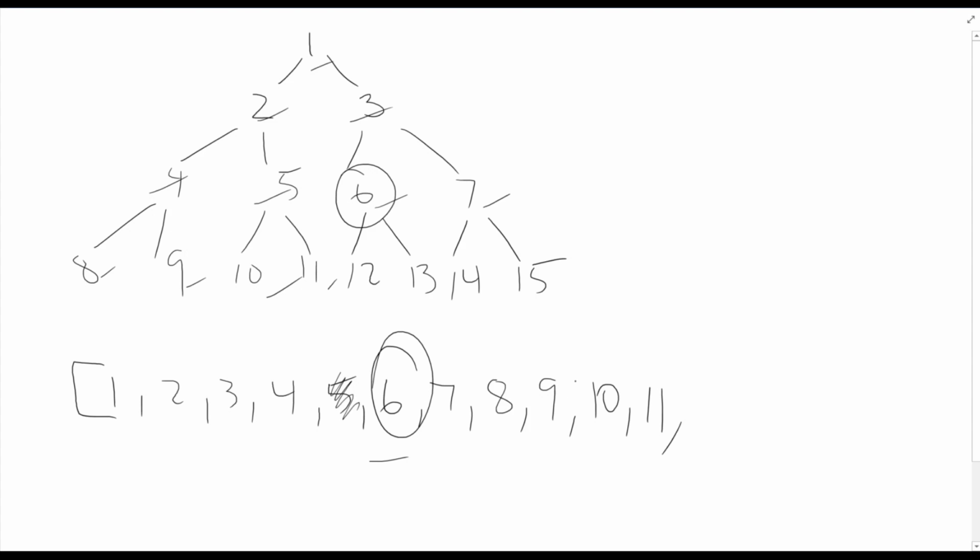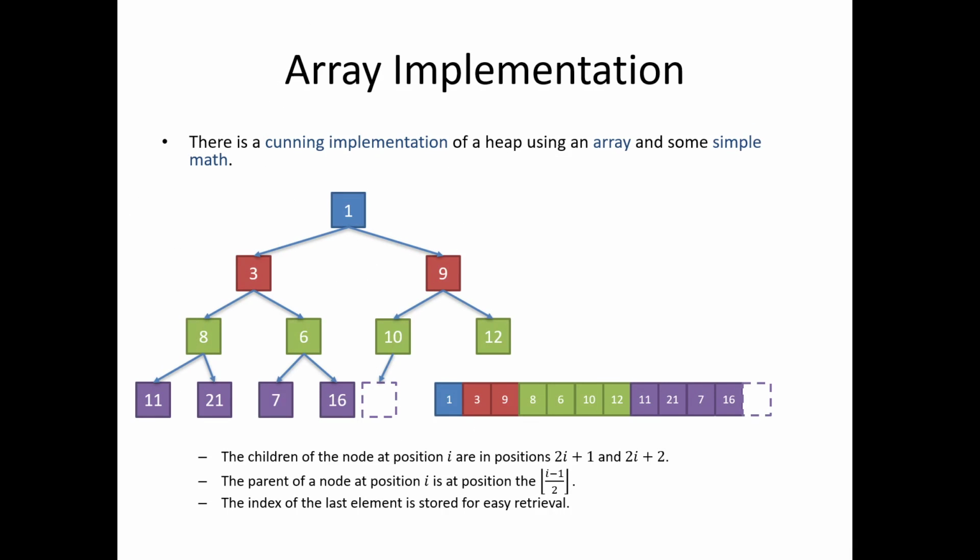If we filled up to position 11, we know the next element we need is in position 12, and then the next 13, and so on. Likewise, if we want to delete, same thing. The only one we can delete is this last one, the one on the end. So because of this idea, it becomes quite convenient for us to implement our heap as an array.